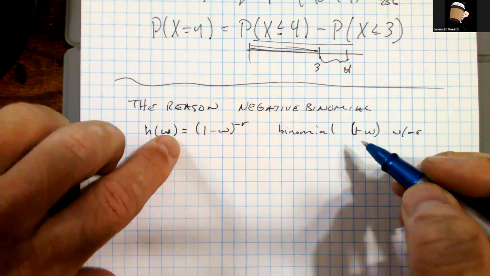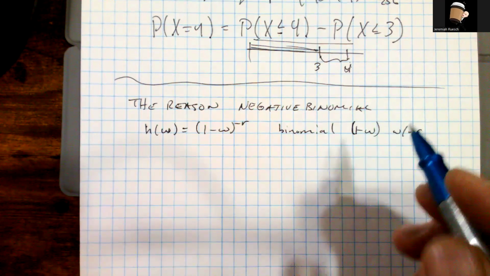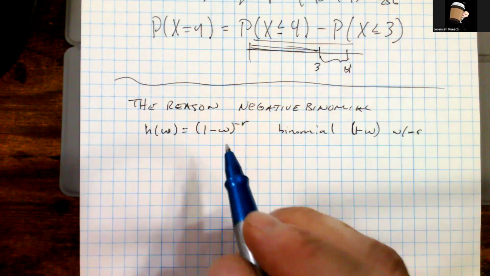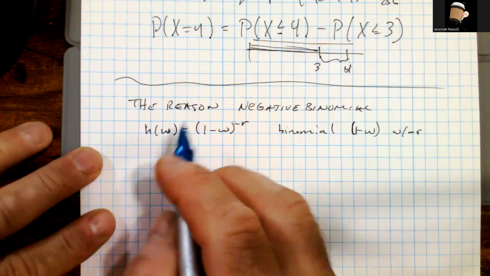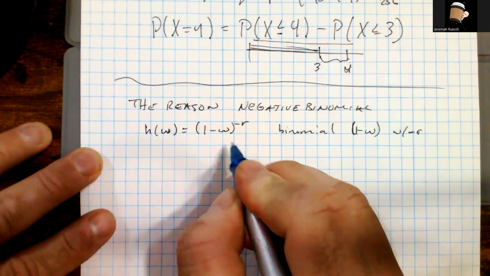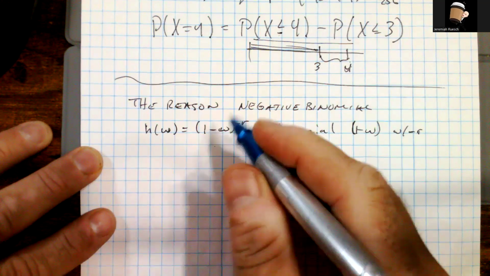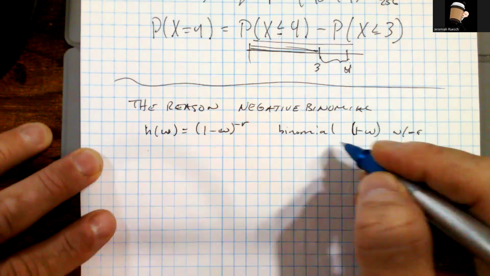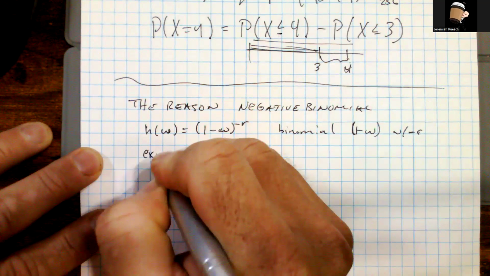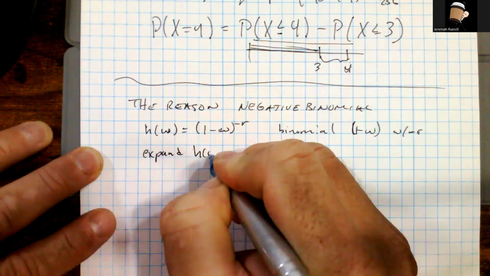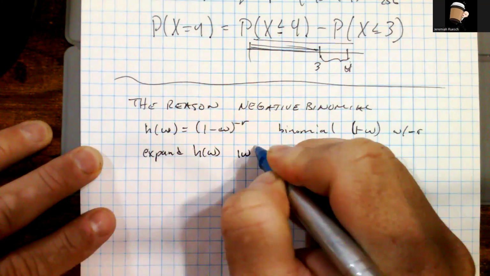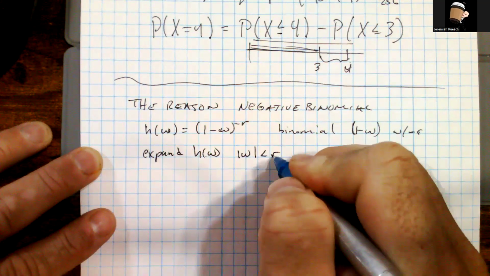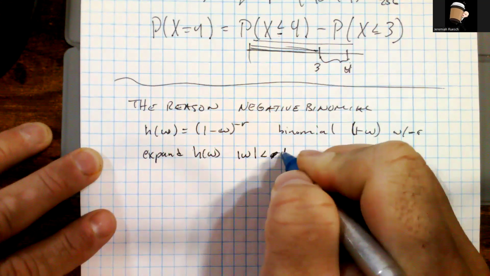That's just restating this. We can expand this. This is a series when we have the right values of W. I'm going to say we can expand H of W if the absolute value of W is less than 1.